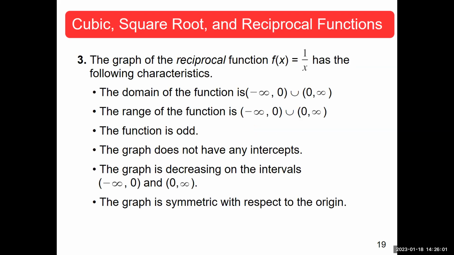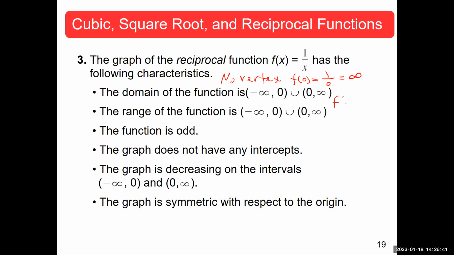1 over x, a little bit more complicated. It looks simple, but to plot it is a tough one. The main reason is we cannot divide by 0. There is no vertex, because f(0), 1 over 0, is going to give me infinity, a large number.